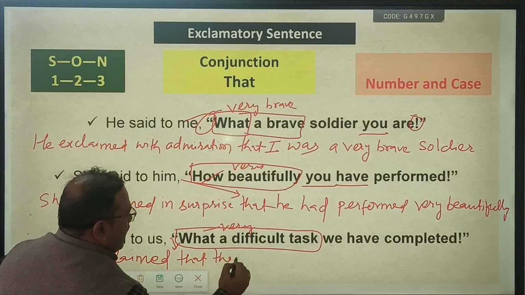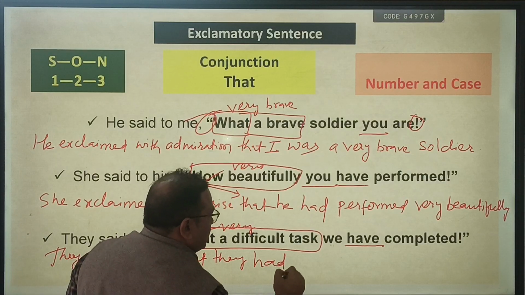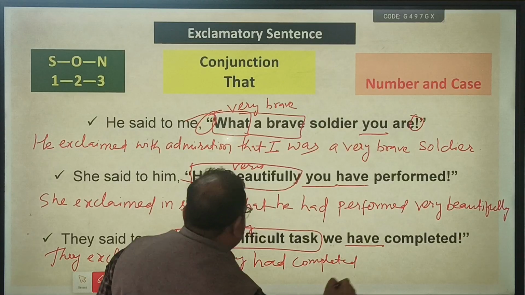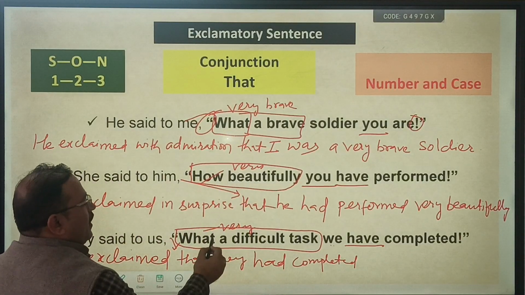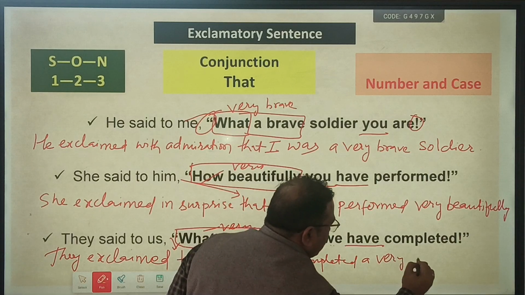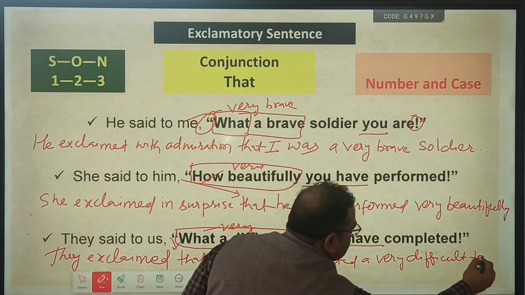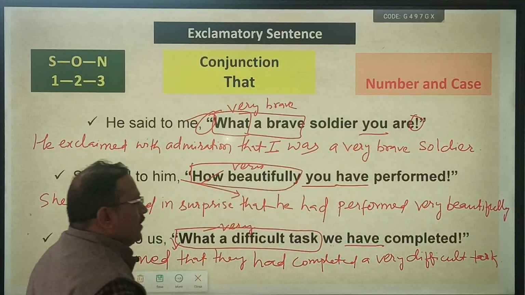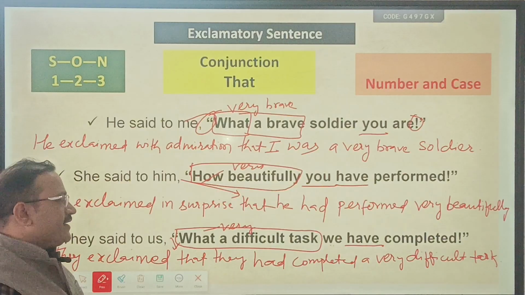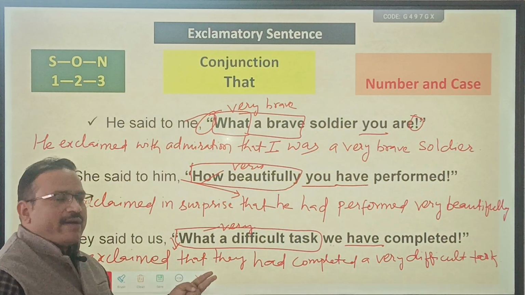Subject is they. That they have will change into had. They had completed what? A very difficult task. So when the reported speech is an exclamatory sentence, mainly three changes you have to make.